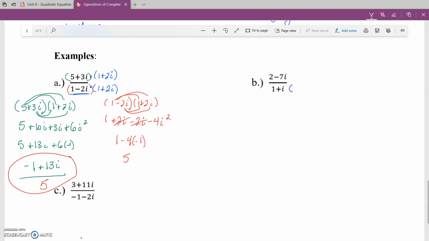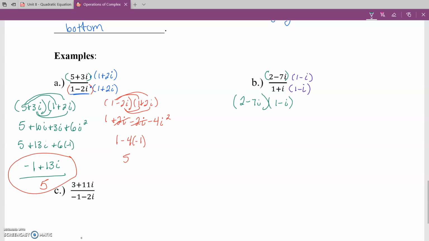Conjugate of 1 plus i is 1 minus i. So I multiply top and bottom by 1 minus i. When we do the top, we'll do it in green again, just for consistency. 2 minus 7i times 1 minus i. 2 times 1 is 2, minus 2i, minus 7i, plus 7i squared.